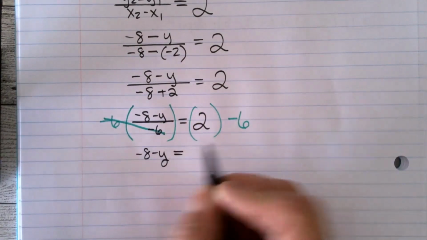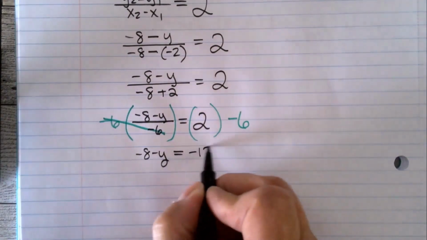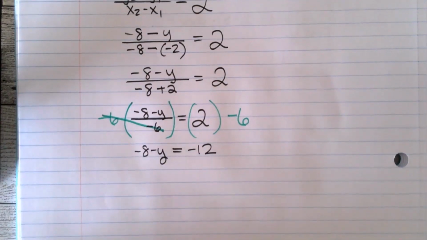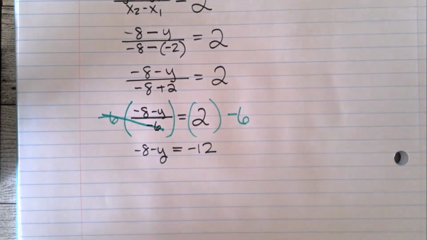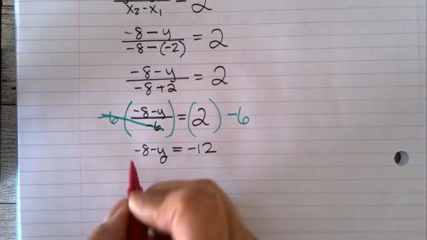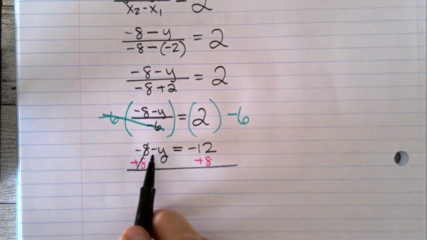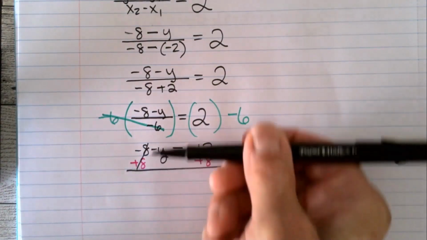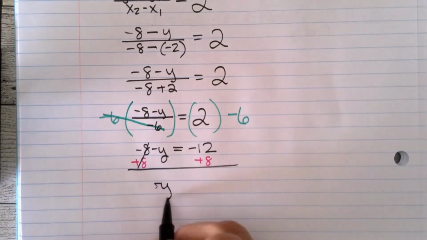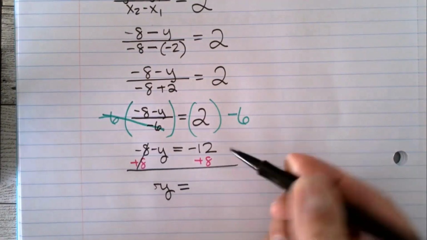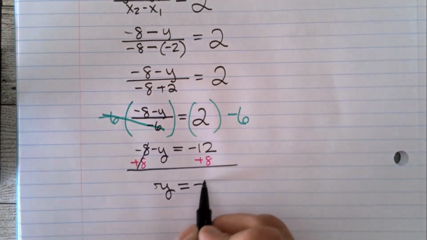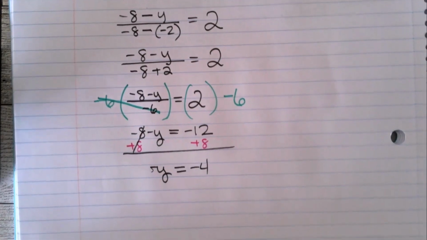And we have 2 times -6, which is -12. There's going to be a lot of negative signs in these problems because the formula for slope has a minus in it. From here, we're going to add 8 to both sides. And that cancels this, but it doesn't cancel the negative that's on the y. So drop that completely down. Negative y equals -12 plus 8, which is -4. It feels like it's done there, but it's not.